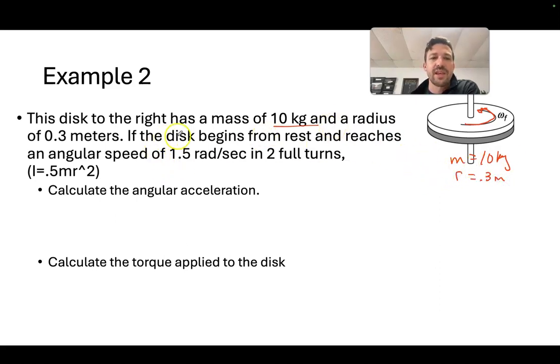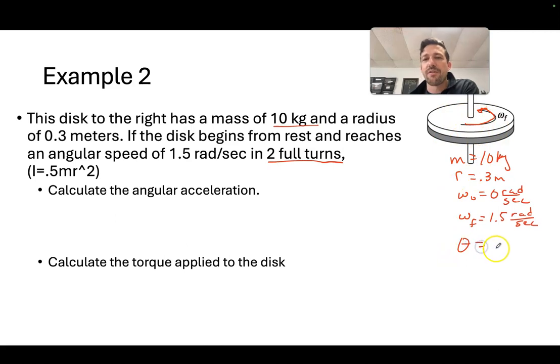If the disk begins from rest, so our omega naught is 0 radians per second, and reaches an angular speed of 1.5 radians per second. So we know that the final angular speed is 1.5 radians per second, in 2 full turns. Okay, so that's important. It's going to do this in 2 full turns.